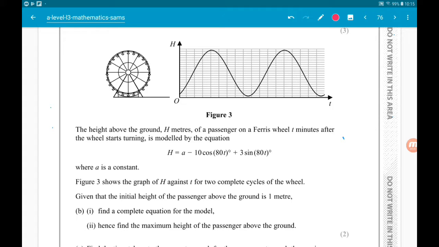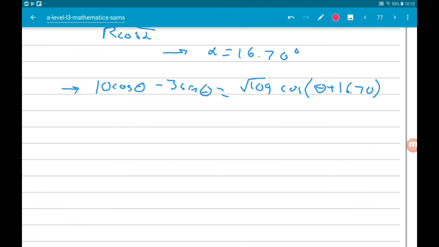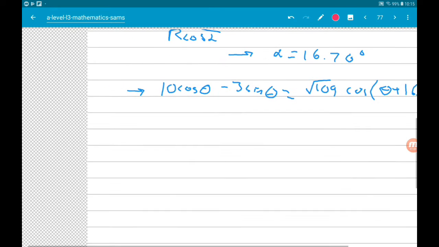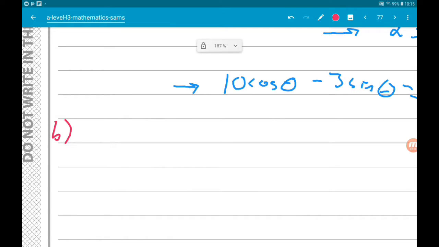Okay, so we know then that h is equal to a, and we need to find the value of a.